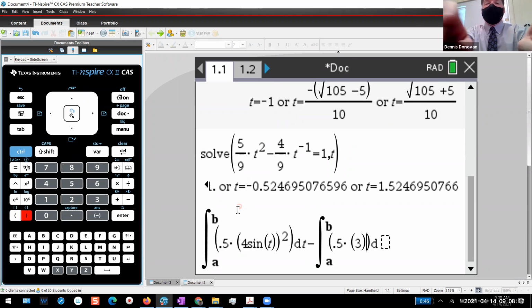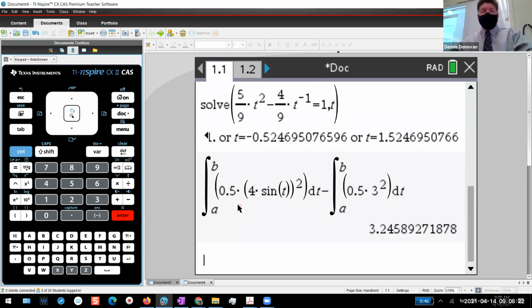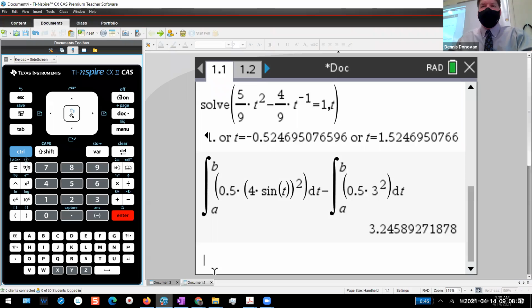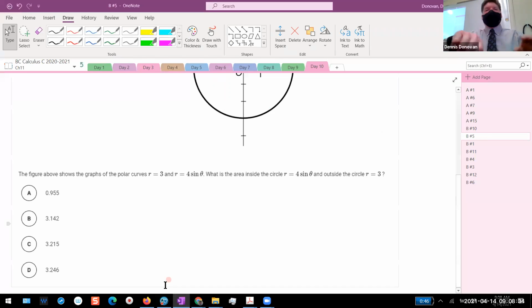That's just 3 squared, right? That look right? Is that B? .246. Yep, that's good.